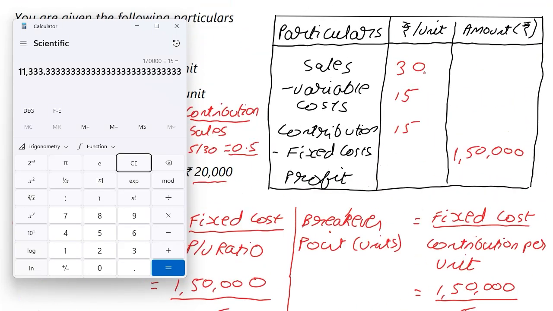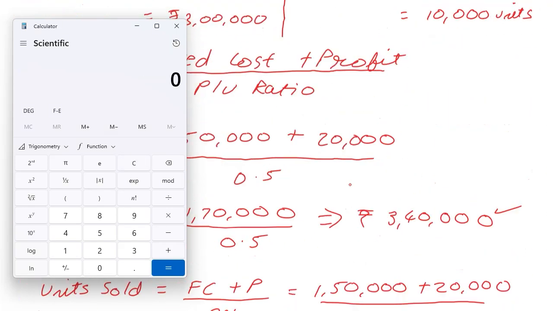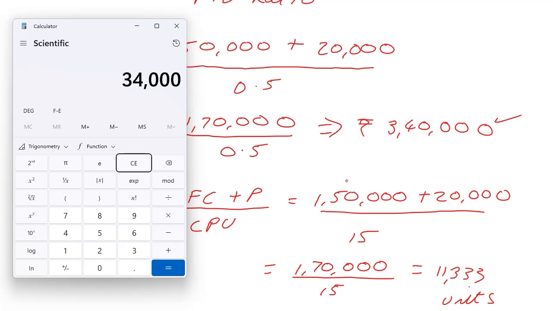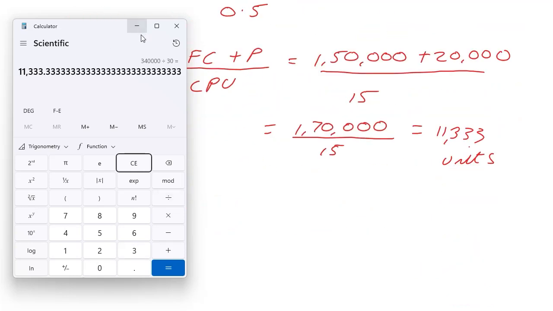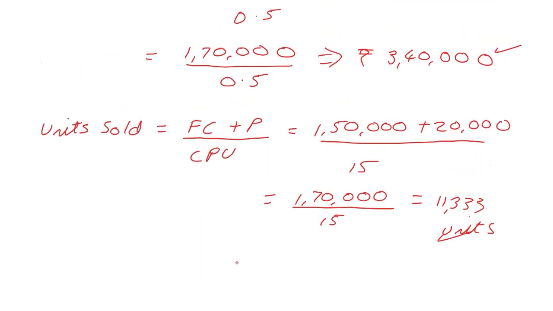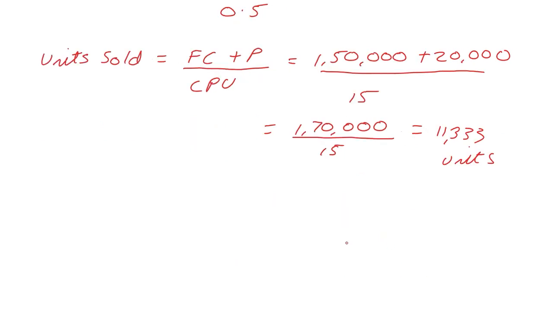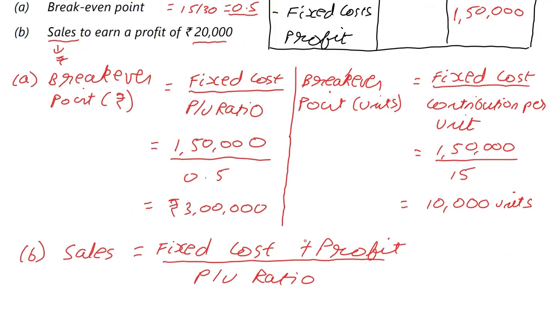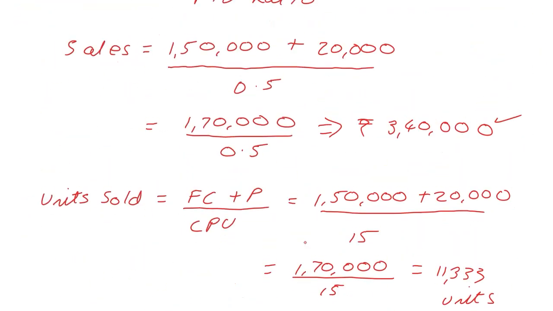I can simply divide it by the selling price per unit, which is 30, and that will also give me the same 11,333 units. In any case, they wanted it in terms of rupees only. So our final answer is 3,40,000 for part B. Any doubts? Feel free to ask.